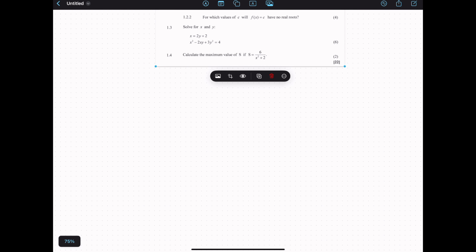Then we have 1.3, which we are given that x. This one is very simple, because with simultaneous equations, you just substitute the first equation into the second one. So let's say equation 1, we are given x equals 2y plus 2.